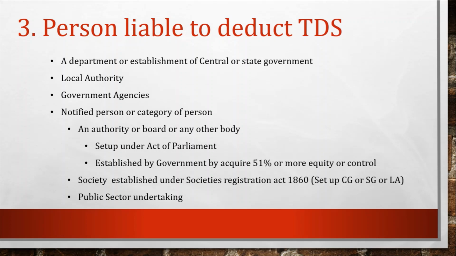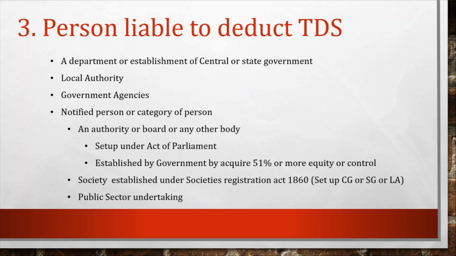If you see on the slide, you can see mostly the department or establishment of the central government or state government, local authorities, government agencies, notified persons or categories of persons which are defined in the sub-clause, like an authority, board or any other body which is set up through an Act of Parliament, like CWA, CS, or any establishment, authority or body established by the government by acquiring 51% of share, or acquiring control to carry out the normal functions, in that case it shall be liable to deduct.